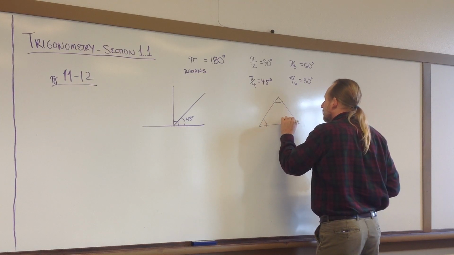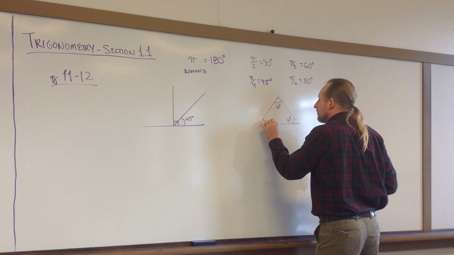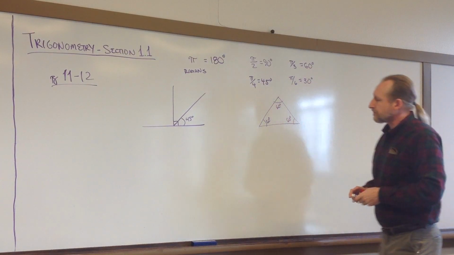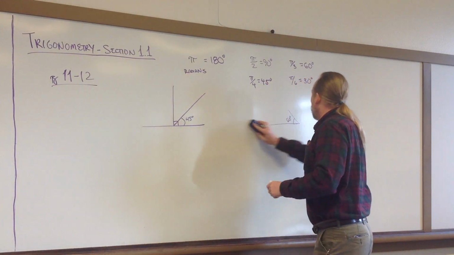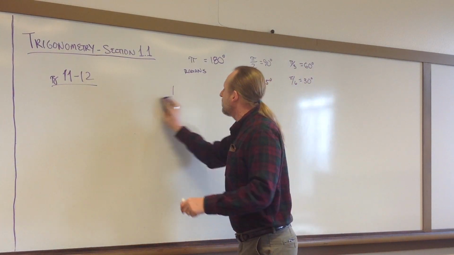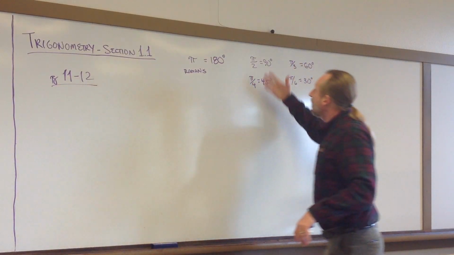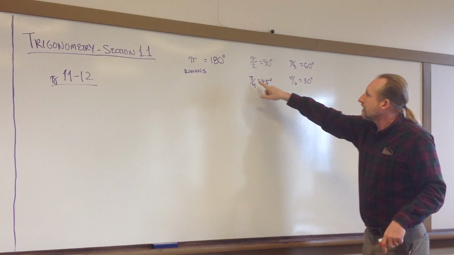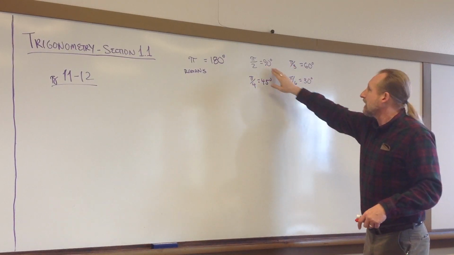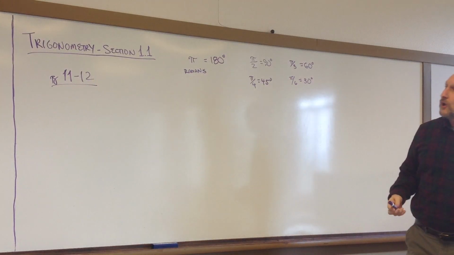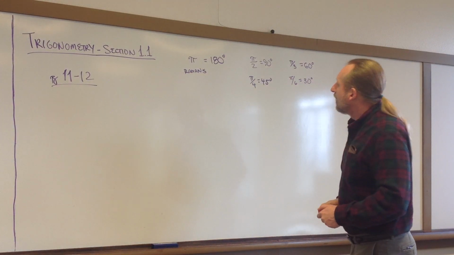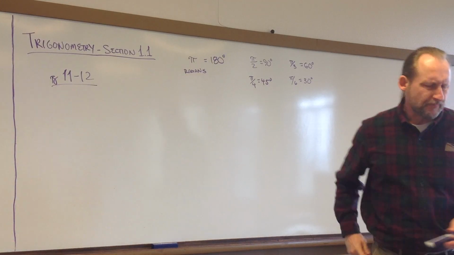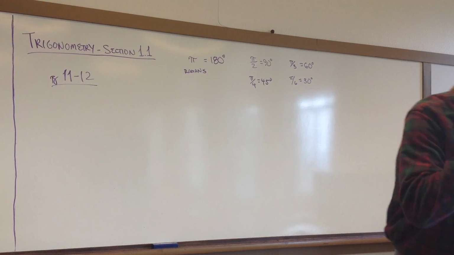If we have an equilateral triangle, then all of these angles are 60 degrees. In radians, that would be pi over 3. Okay, so that is one way to think about these angles. And all I did to generate these was take 180 and divide it by 3. Take 180 and divide it by 2, and that's how I got these degree measures. Okay, you can always set up a proportion to do this, and maybe I'll do that with a couple of these problems. Okay, let's see what we've got here.